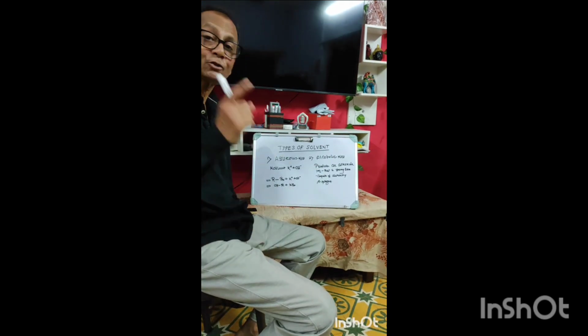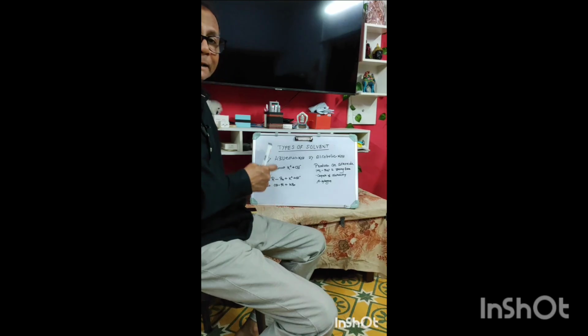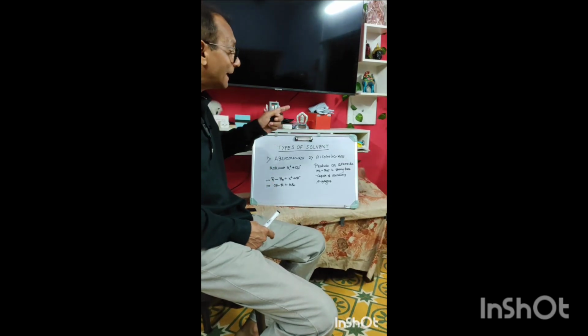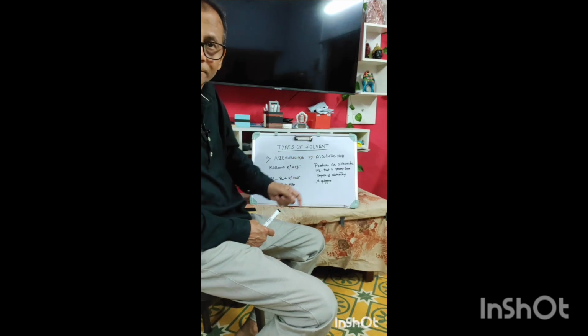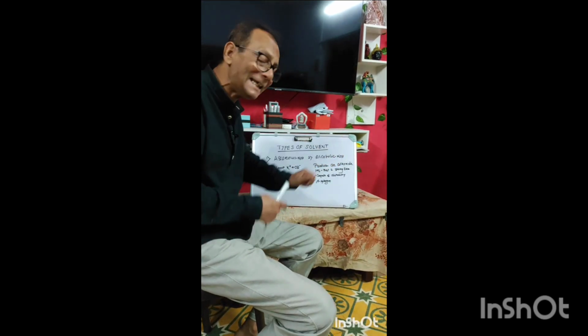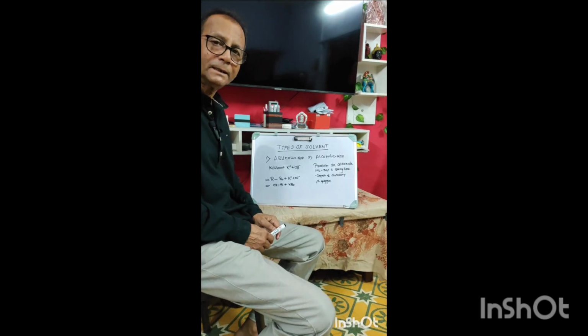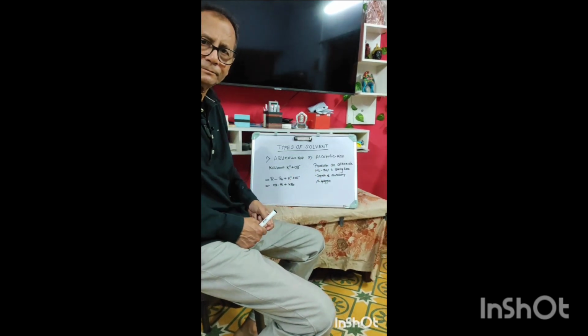This alkoxide is a strong base. Now this is so strong that it will attack the beta carbon to abstract hydrogen from it, making a double bond.